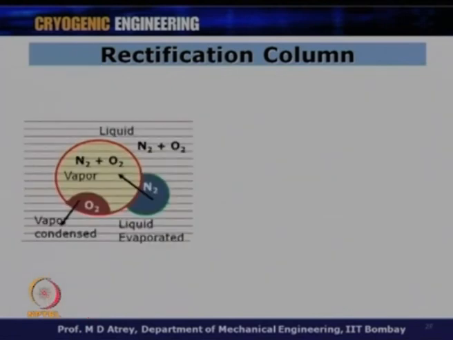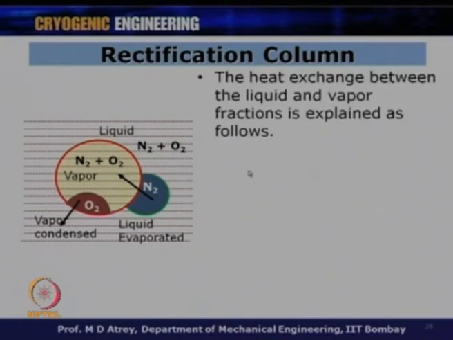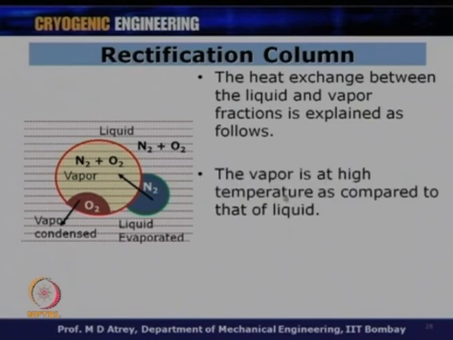Now, in order to understand what exactly happens in a rectification column, or on each plate, let us see this figure. Here you can see a vapor bubble. The heat exchange between the liquid and the vapor fractions is explained as follows. The vapor is at a high temperature compared to the liquid.